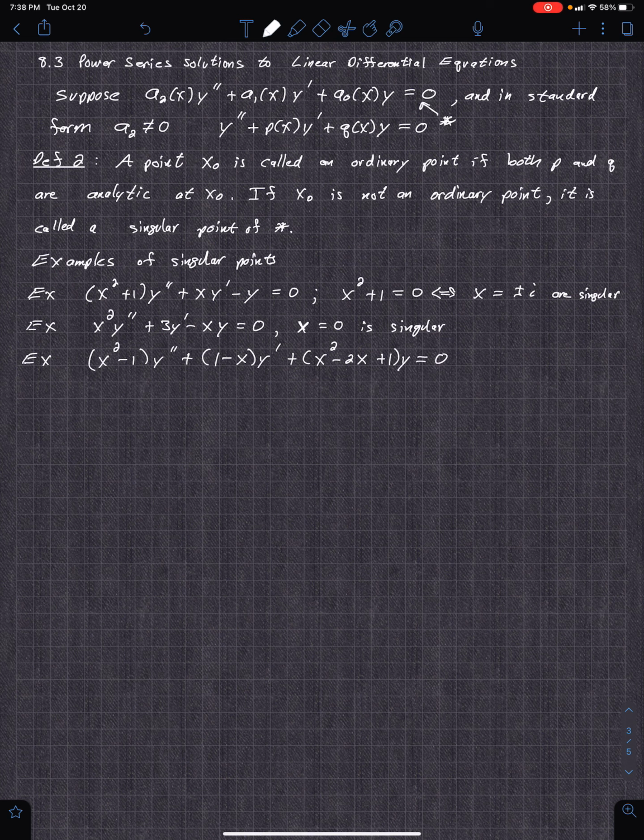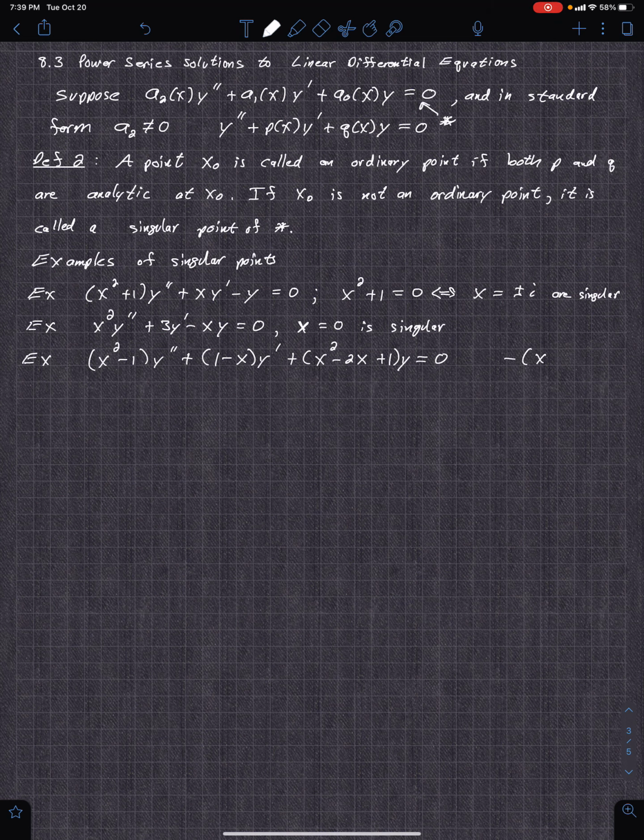Maybe you can see where we're going with this. Without dividing, we can see that x can't be plus or minus 1. But in fact, if you divide it out and reduce, you're going to have a removable discontinuity.